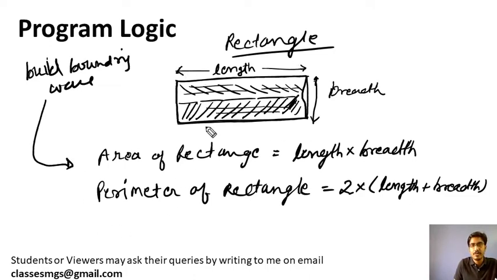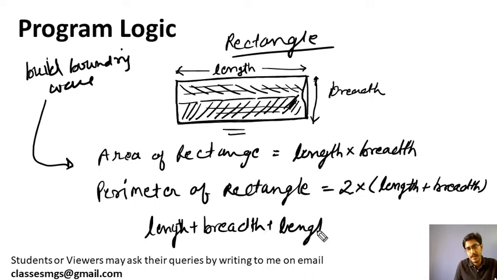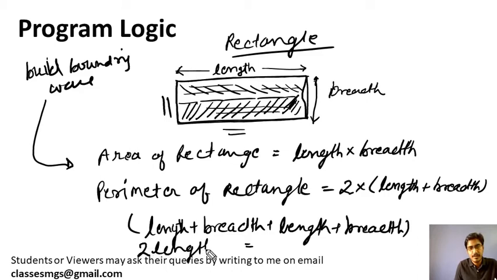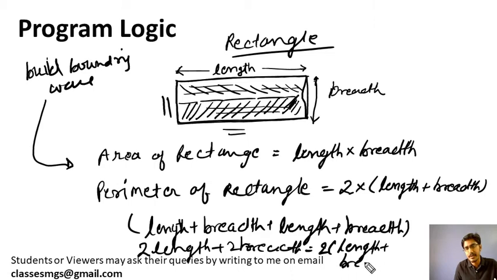What we do is add all those. The length is added, I am showing, plus the breadth is added, plus then this length will be added, then this breadth will be added. So this is how the formula is developed. If you add those, you get 2 length plus 2 breadth, and if we take the common 2, we get 2 into length plus breadth.